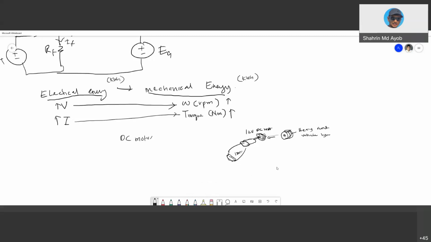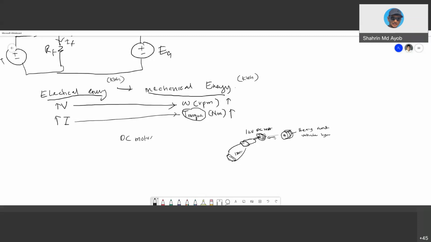When you disconnect this load, we can consider the tire a load for the motor, it rotates faster again. But when you connect the tire to the motor, it rotates very slowly, because the torque is not enough to rotate the very heavy load.